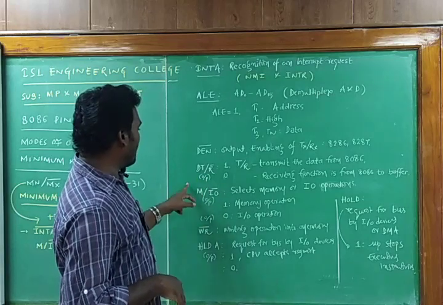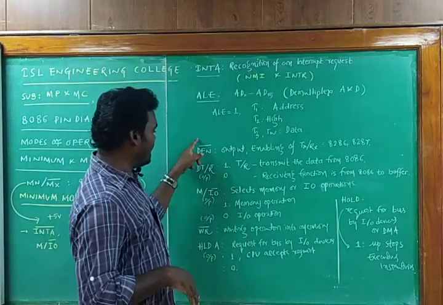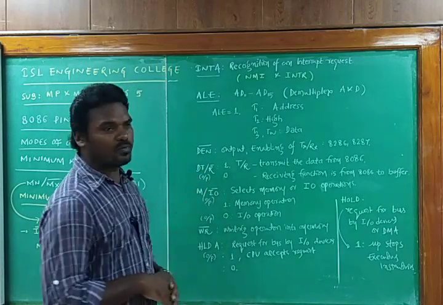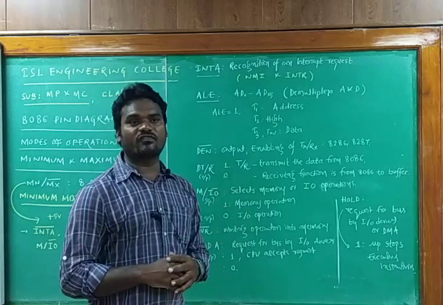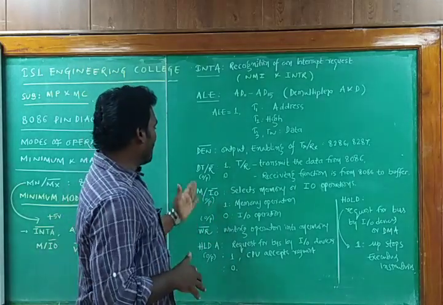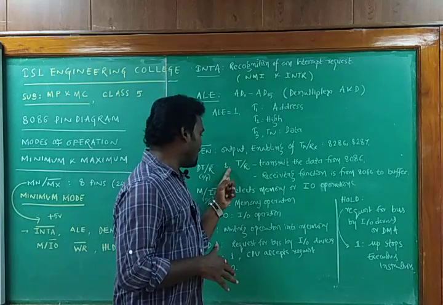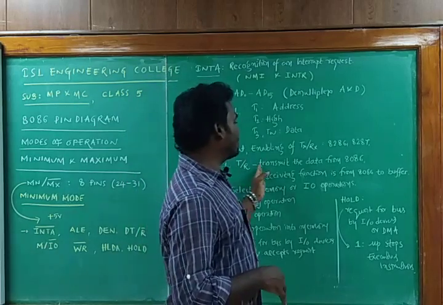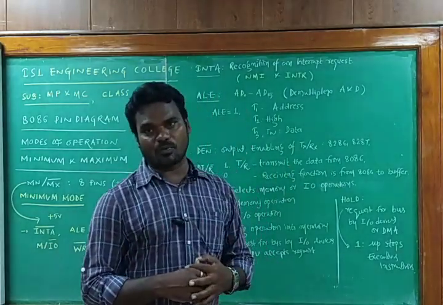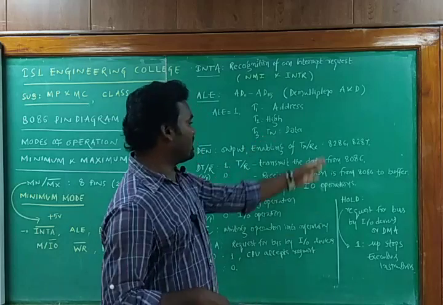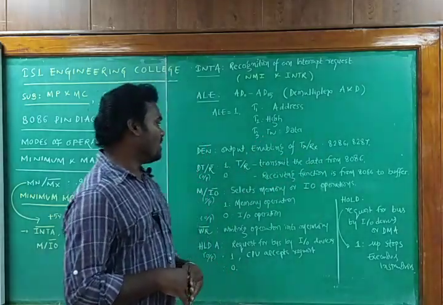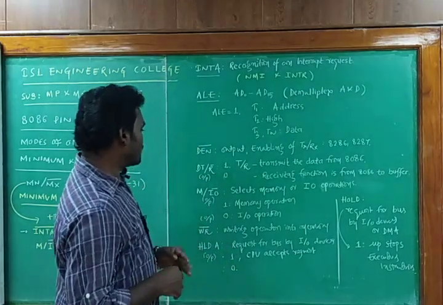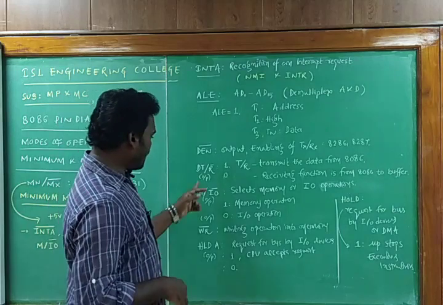Coming to the next one, data transmit/receive, DT/R. It is also an output signal of the 8086 microprocessor. Whenever this signal is 1, the transceiver transmits the data from the 8086 microprocessor.